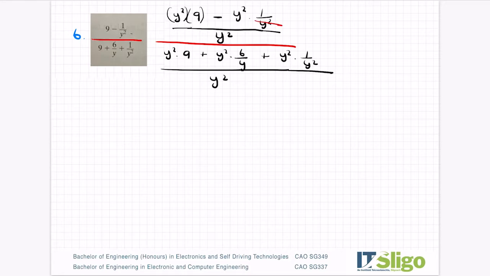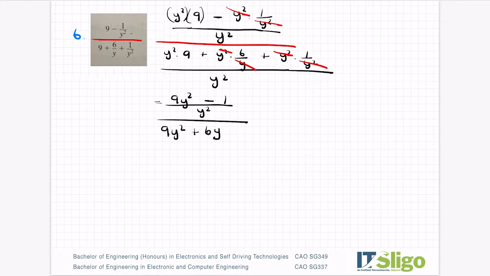So that y squared on the bottom cancels with y squared on the top. That y in the bottom cancels with one of those y's on the top. That y squared cancels with that y squared. So you're left with 9y squared minus 1 over y squared over 9y squared plus 6y plus 1 over y squared.